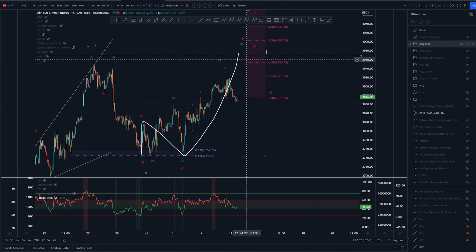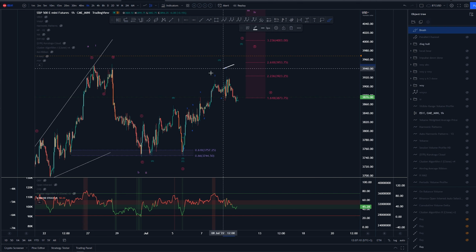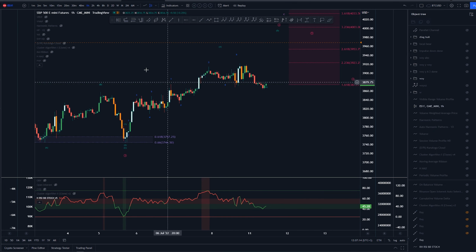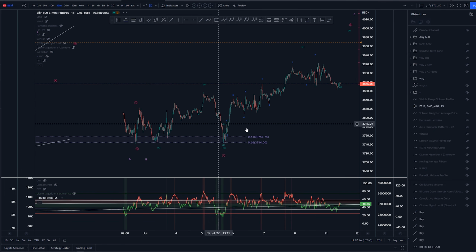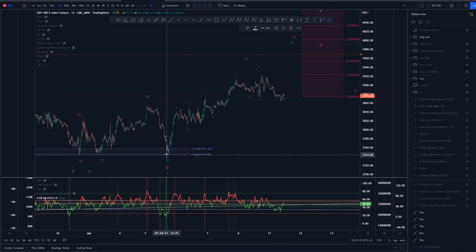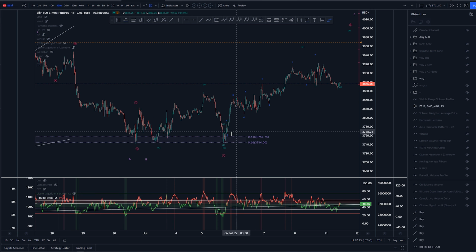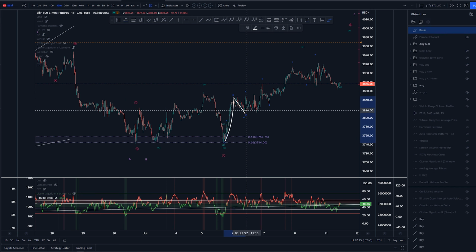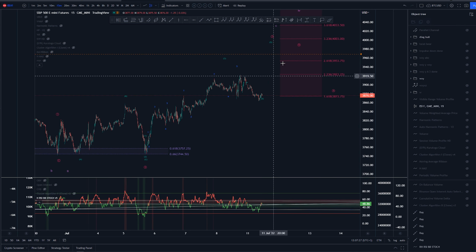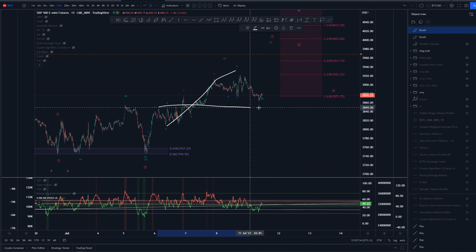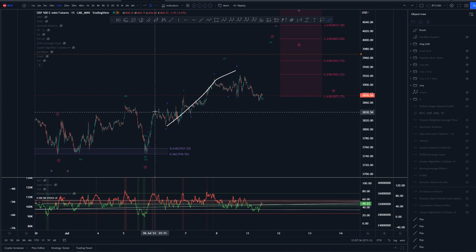Now the issue with this count, however, is this structure here. We don't really have any good looks at all on this one. We probably have to say we have a 1, 2, 1, 2 here. Having the wave 1 somewhere here just gives us so small of a retracement and so small of a wave 3 possibility here, that again we are getting very close to the invalidation points here for the wave 4, if that is the case.